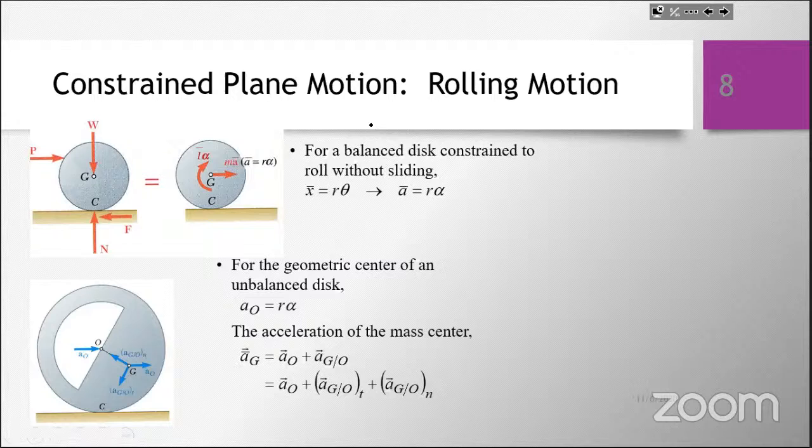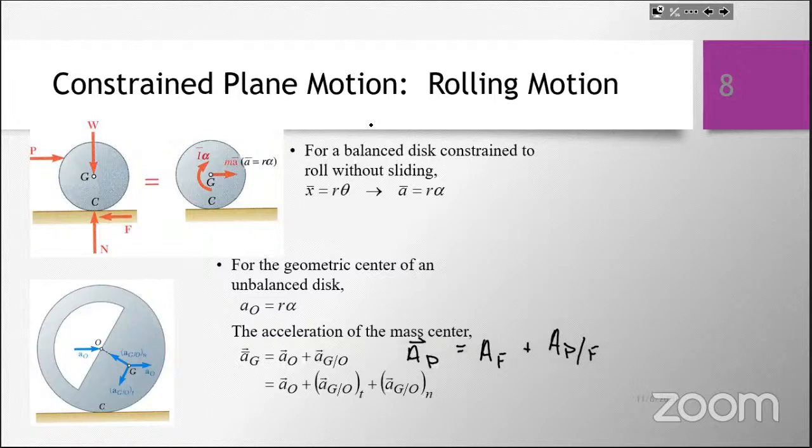Remember this equation from a couple weeks ago? A sub P is equal to some other point on my body. Let's call it G. Well, G is a bad one. We'll call it F. Plus A of P with respect to F. So I've got some random point P on my rigid body, and I want the acceleration of it.